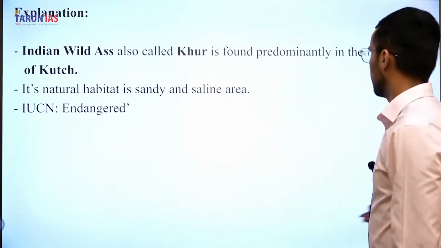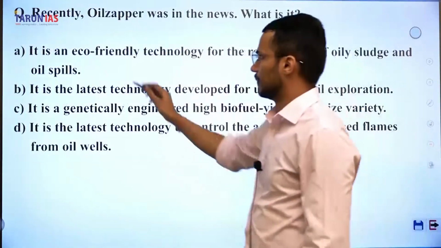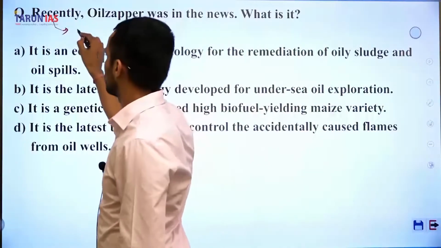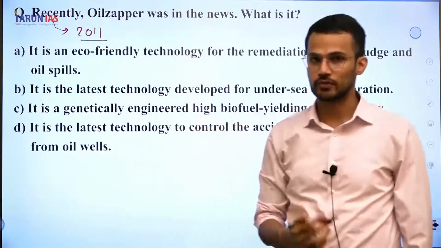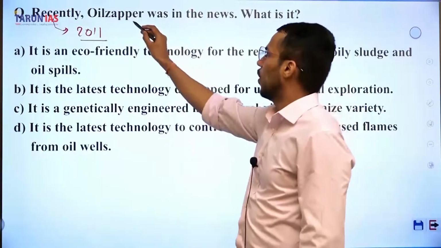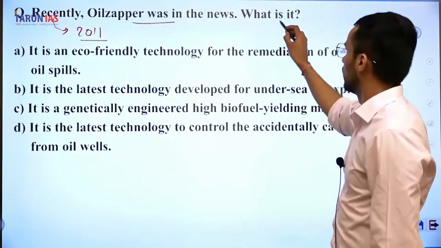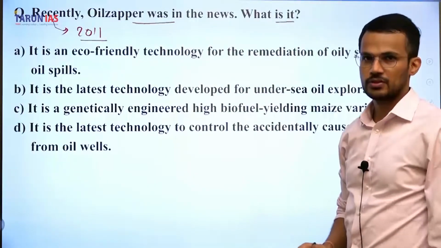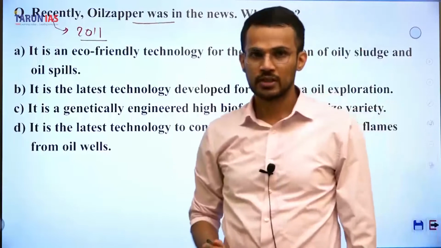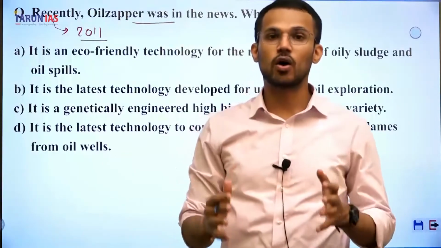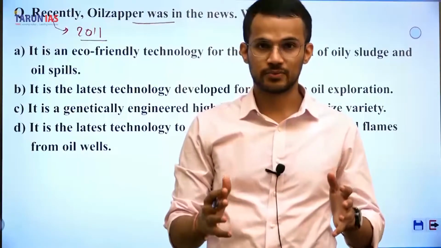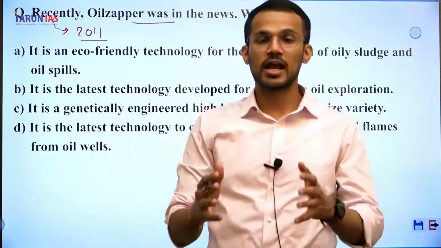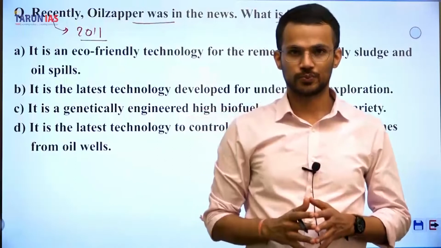So answer is B. Recent was for 2011's prelims, not for 2021. Recently, oilzapper was in news. What is it? So oilzapper is a consortia of bacteria developed by TERI, the Energy and Resources Institute.